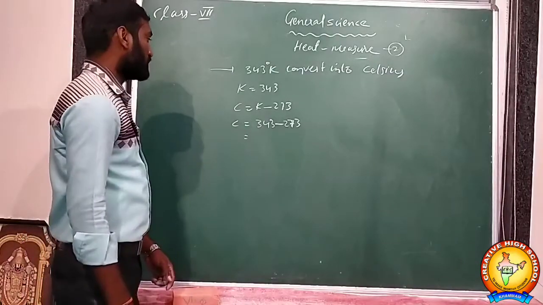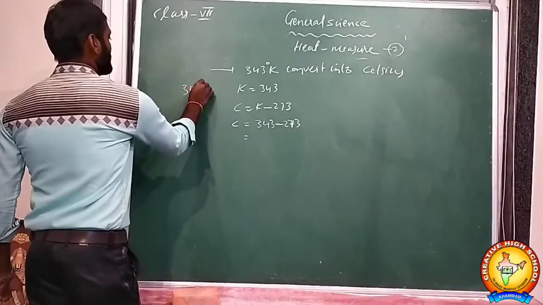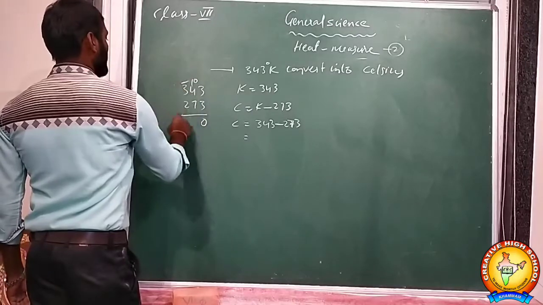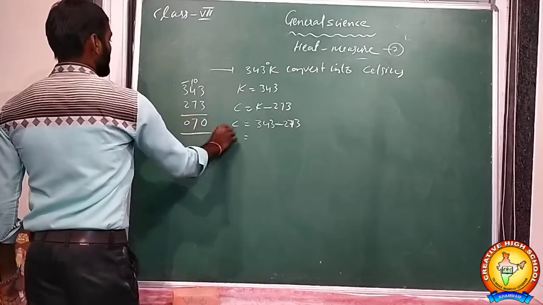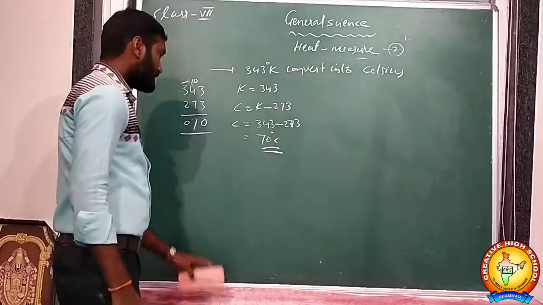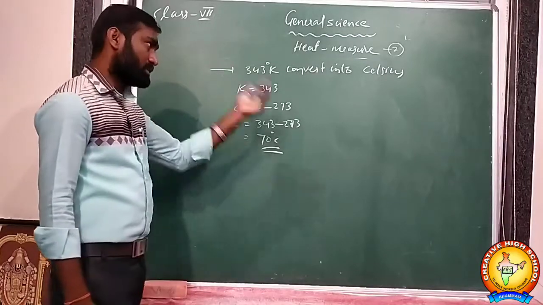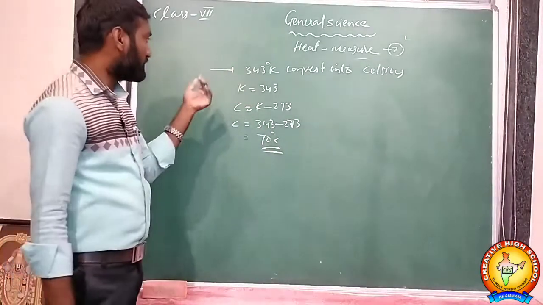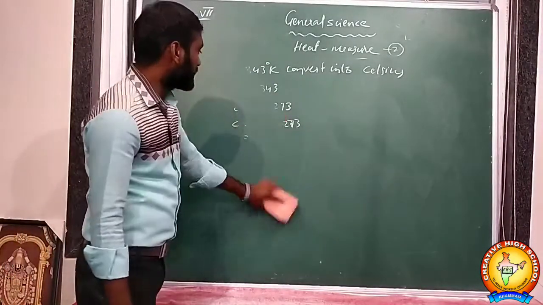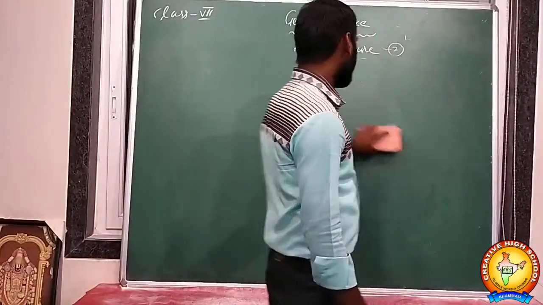How much is it? It is 70. So it is 70 degrees Celsius. Like that you can convert Celsius to Kelvin, Kelvin to Celsius. These are the conversions from Kelvin to Celsius, Celsius to Kelvin, Celsius to Fahrenheit, and Fahrenheit to Celsius.